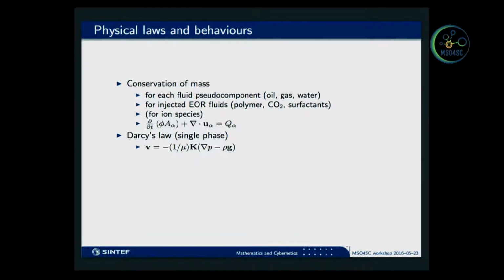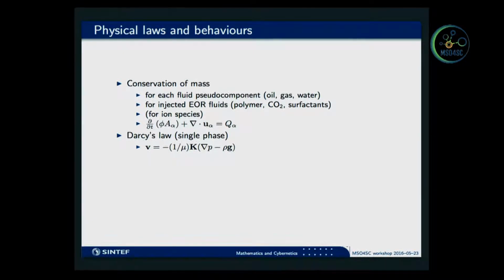So then there's Darcy's law. For single phase flow, Darcy's law says that the velocity in a porous medium of a fluid is proportional to the gradient of the pressure. And we have to include the gravity, so it's the gradient of a potential. Then the K here is the permeability.